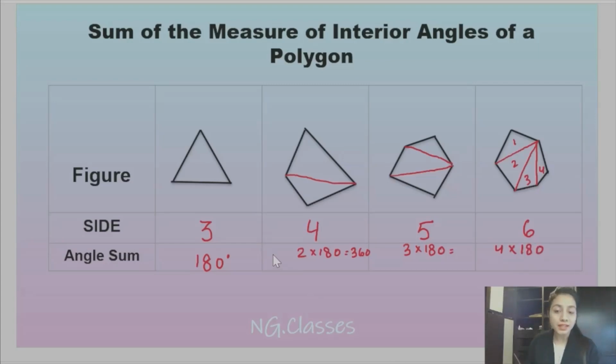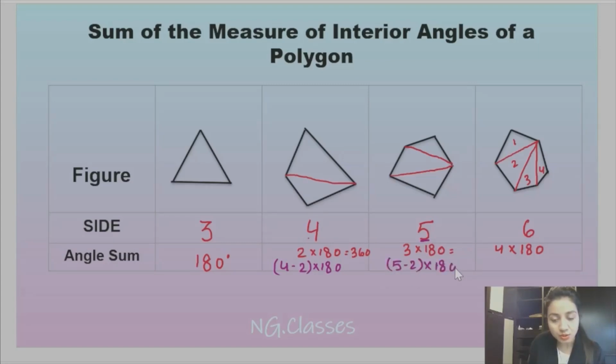Now what are we getting from here? We are getting the angle sum property of any polygon, as well as a formula. If any polygon contains 4 sides, the angle sum property we can take out like (4 minus 2) into 180. If any polygon contains 5 sides, I can write it as (5 minus 2) into 180.